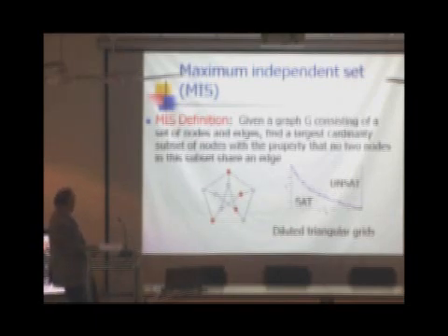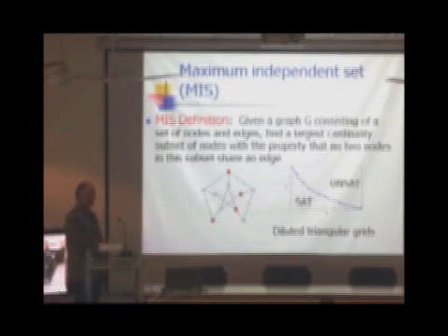So if I say to you, find me an independent set with one site, that's trivial. I can choose any one site and it will be independent. If I ask you to find an independent set with 2 sites, that's also relatively easy in this graph. And you're in this phase. Once I ask you to find an independent set with 5 sites, you cannot. You're then in the unsat phase.